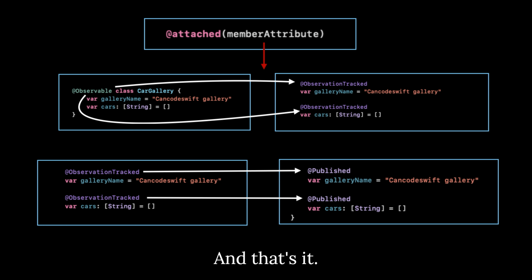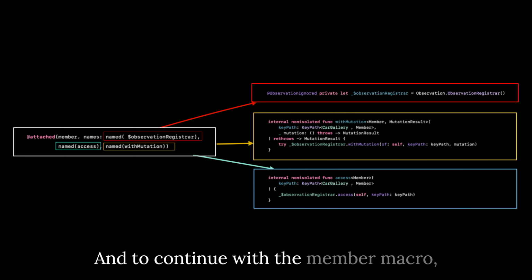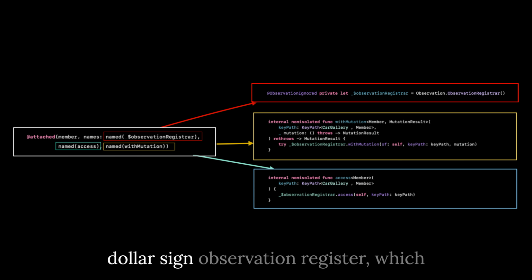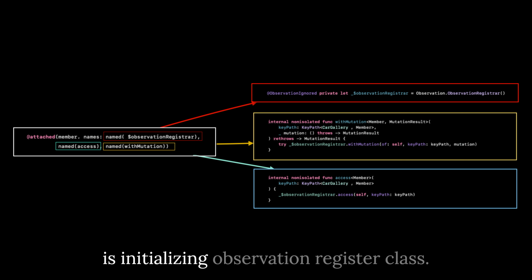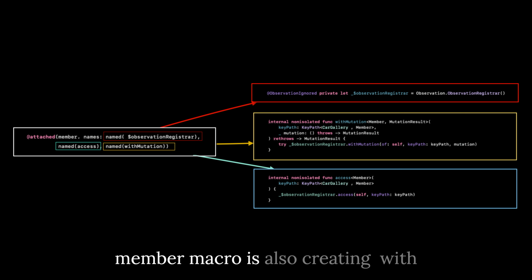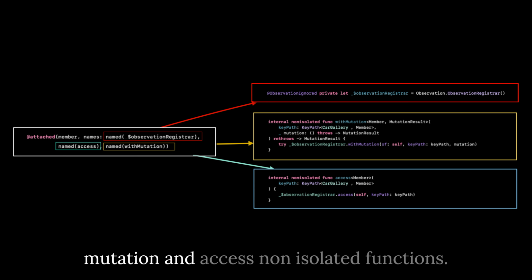And that's it. To continue with the member macro, what it does basically is that you see the underscore observation registrar, which is initializing the ObservationRegistrar class. So the member macro is creating that. The member macro is also creating the withMutation and access nonisolated functions.